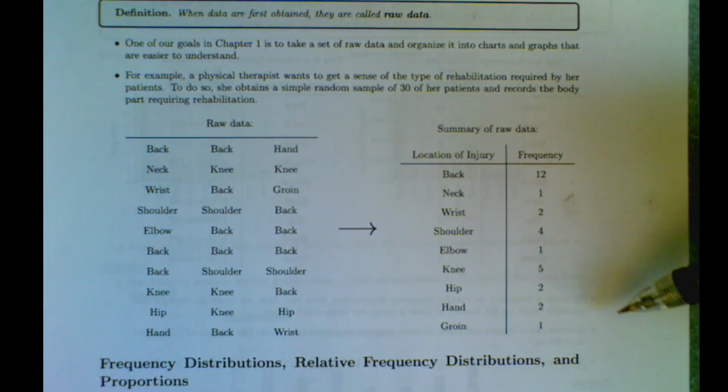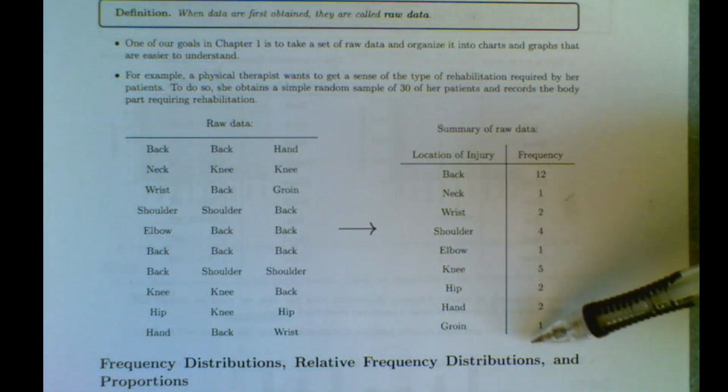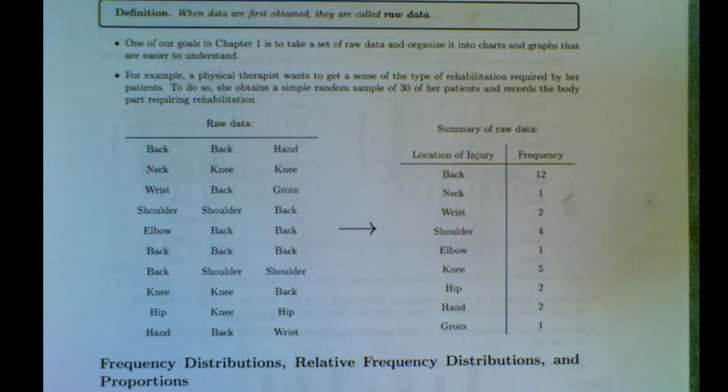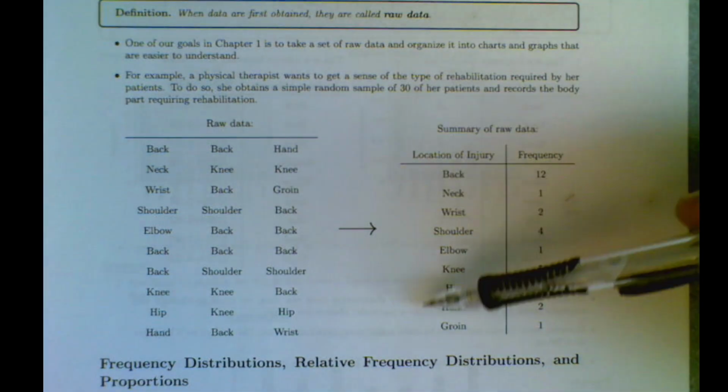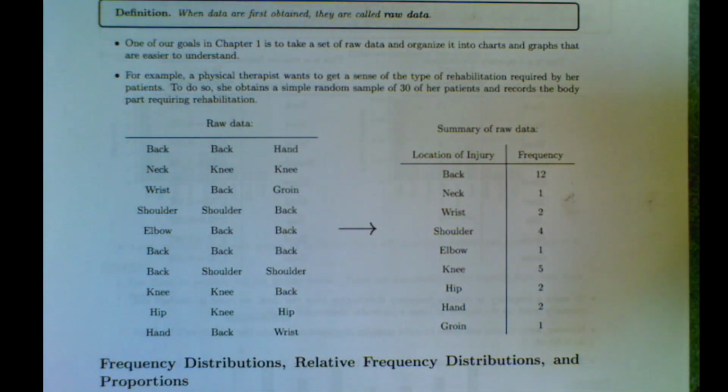And you can get overall a better sense for the types of injuries that this particular physical therapist treats more regularly than others. This chart here is called a frequency distribution or a frequency table. So let's talk about those in a little bit more detail.